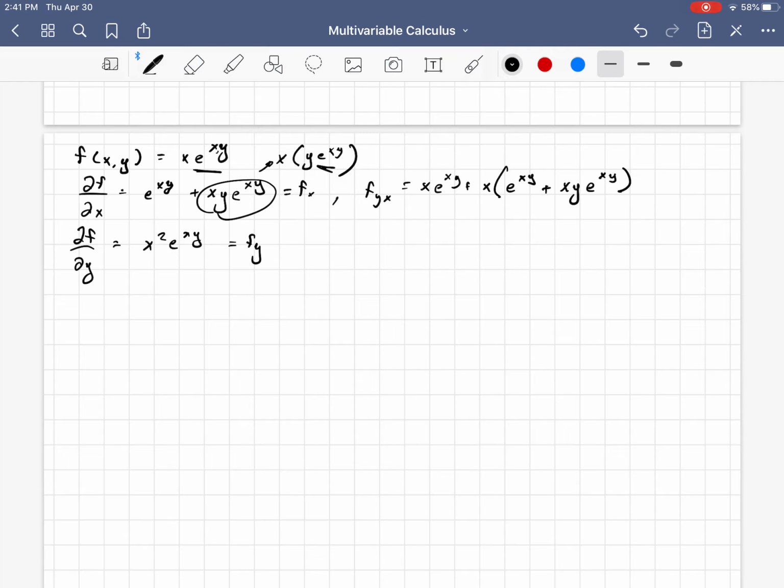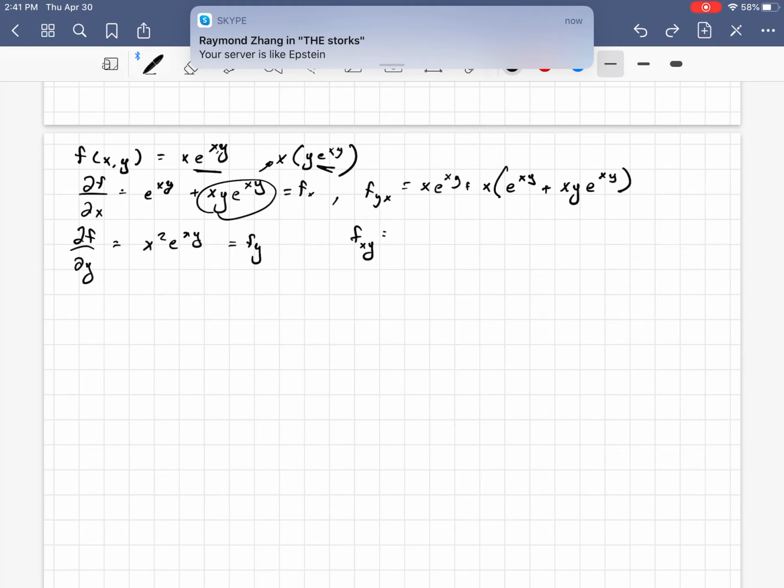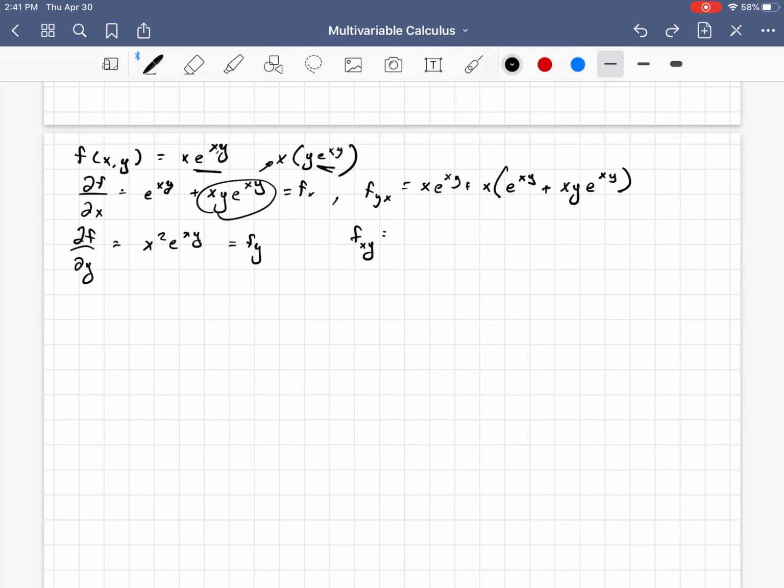And now if I take the partial with respect to x of the partial with respect to y, which is that, what do I get? I need to use the product rule, so first I need to take the derivative of that.